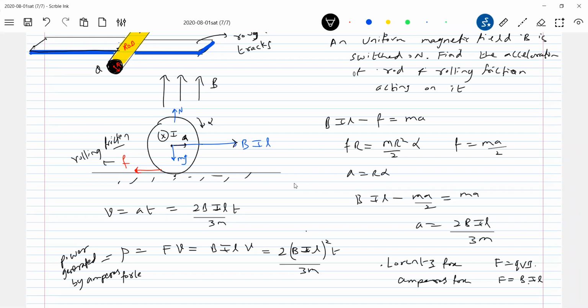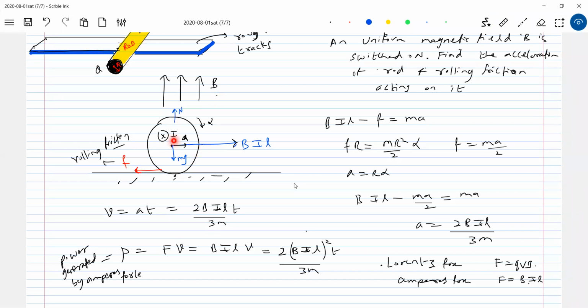That field now does work on this cylindrical rod. So what is the energy transfer that takes place? In the cell, chemical energy goes to electrical energy. Then the circuit converts electrical energy, and when a current flows through a structure, it produces a magnetic field. This magnetic field is now doing work on the rod.